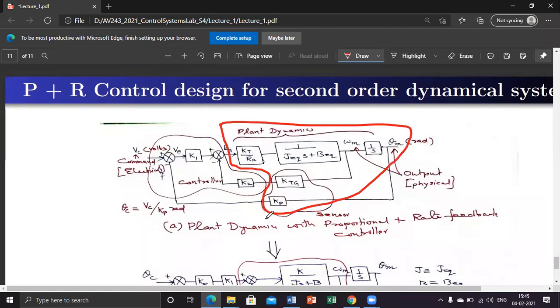Here one thing you can understand is that all the gear equivalent, the load dynamics, everything is absorbed in this J equivalent, B equivalent. And we consider the output at the motor shaft itself, omega m and theta m, and the intermediate portions are all absorbed.